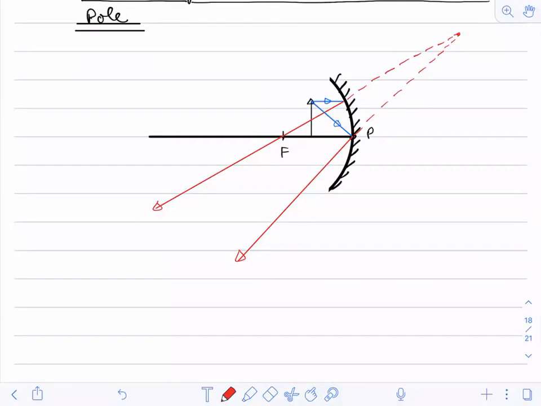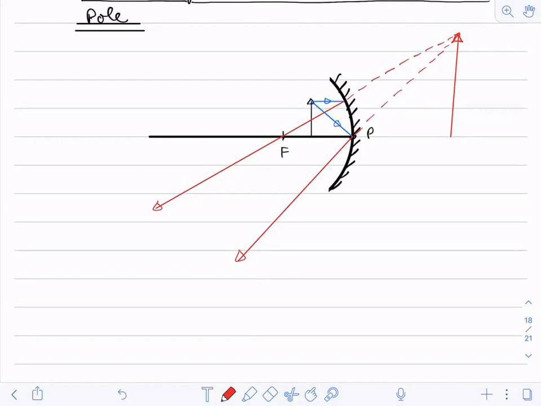So I can say now, the image is this, because we are getting an image. Though we are not able to draw it on the screen, we cannot take it on the screen, we are able to see an image. It appears to be coming from behind the mirror, because the two rays appear to meet there.